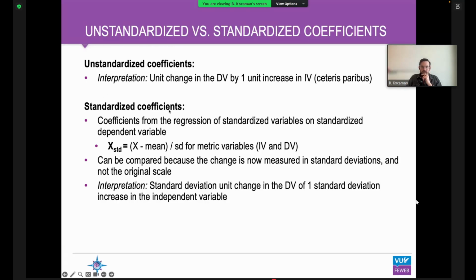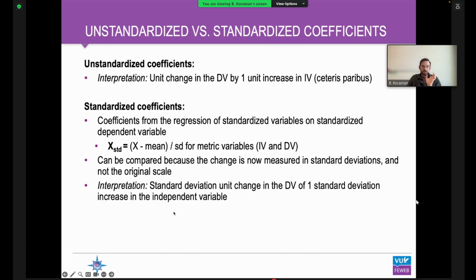In the case of standardized coefficients, the interpretation is: what happens to the dependent variable, how many standard deviations will it change if we change the independent variable by 1 standard deviation?